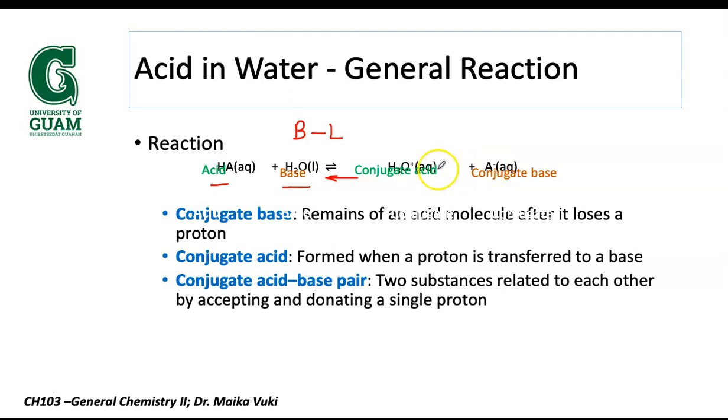So you can think of it in that sense. An acid here has its conjugate base, and a base here has its conjugate acid. These are the terms that are used, and we're going to be using the acid and its conjugate, or base and its conjugate, as we go on.